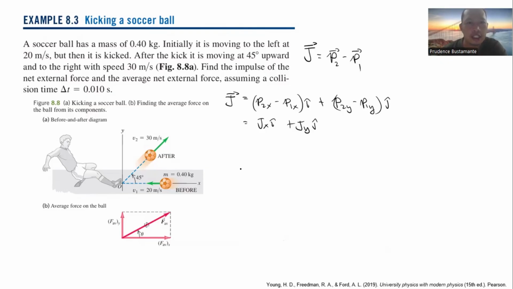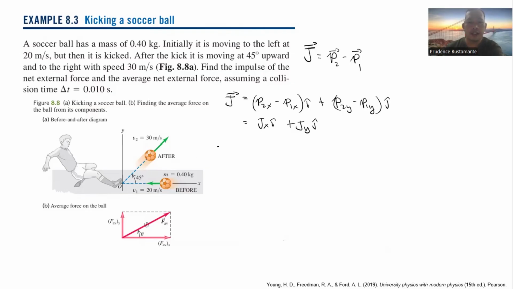It's not stated clearly whether what is being asked is the magnitude or just the components. It says to find the impulse of the net external force, only the impulse. So let's assume we're going to find the magnitude as well as the direction of the impulse.